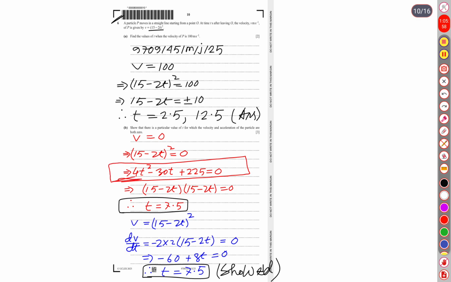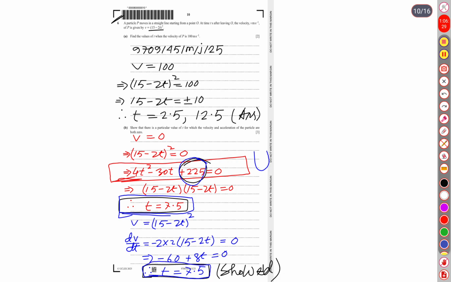In the quadratic curve, our initial velocity was 225. Okay, it is 225, and it is a u-shaped quadratic graph because this is positive. And look at this, when velocity was 0, our time was 7.5. At the same time, our acceleration was also 0 when t was 7.5. That means that is the turning point.